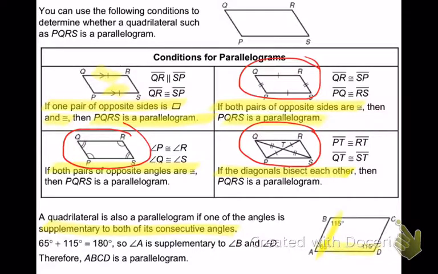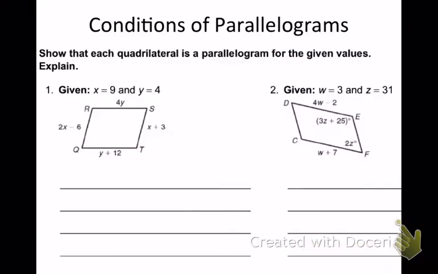Notice here, 115 and 65 is 180. 65 and 115 is 180. It has to be a parallelogram. So again, we're taking what we learned yesterday, flipping the logic around and saying, if these properties are met, it is a parallelogram.